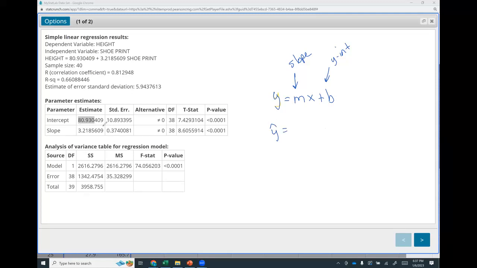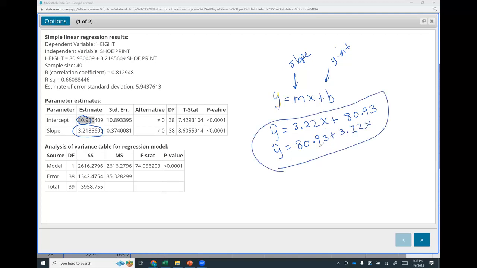Well, here's the slope right here, 3.22. I'm just going to round it to 2 decimal places, times x plus our intercept, 80.93. And if I want to put it into the form that they would like, it's 80.93 plus 3.22x. These are exactly the same. I just changed the order.